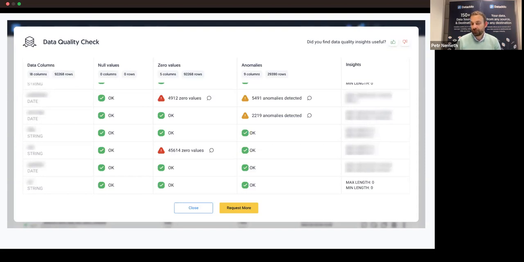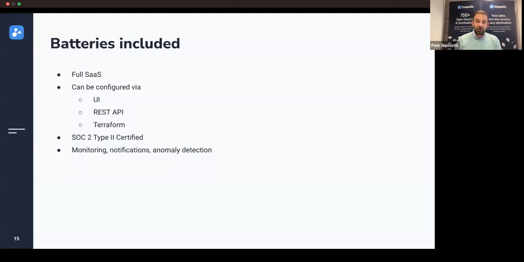You can set the system so that if it detects some null values, all the flows, as we call them, to target destinations are blocked, because this would be a sign of bad data quality.